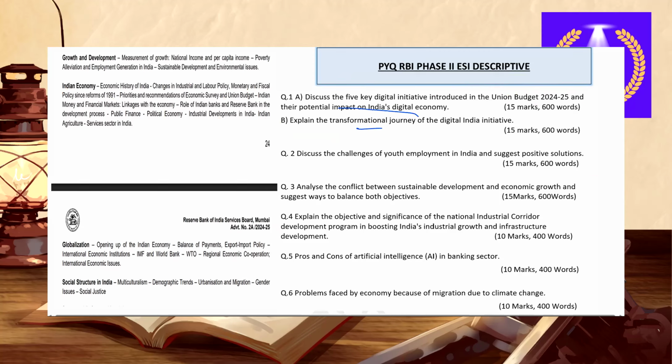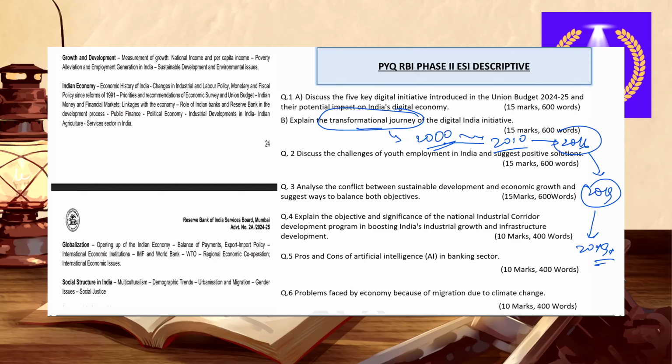It is talking about the transformational journey that I was discussing: how it transformed after 2000, this one decade from 2010 to 2016 with NPCI, then pre-Covid 2019 and then post-Covid till now. If you will not have a clear cut mind map of this journey, then it would be very difficult for you to answer such type of questions, because you cannot find any model answers for such questions.